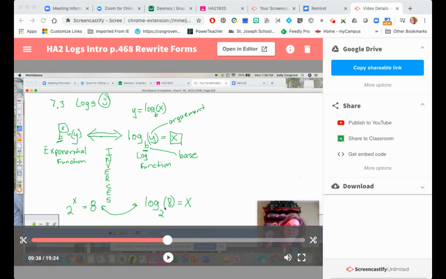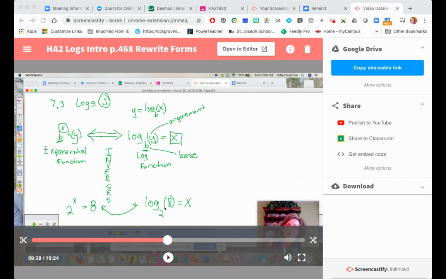What power do I raise 3 to and get 81? That's what this question asks right here. The logarithm base 3 of 81 equals what? And again, what am I really asking? I'm saying, what exponent would I have to raise 3 to get 81?